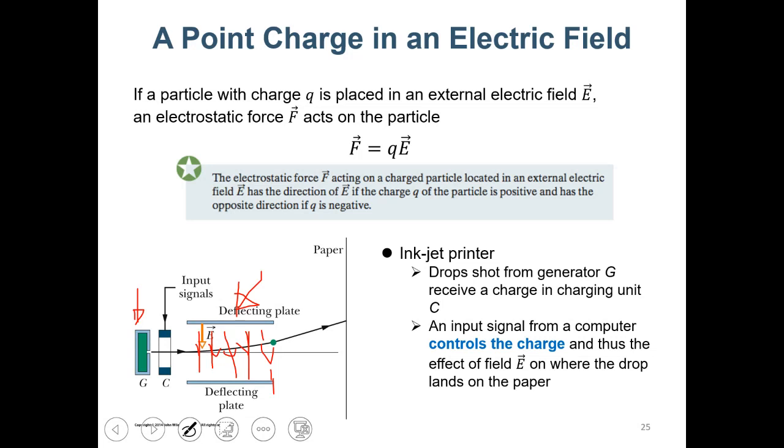Then the ink will be accelerated by the E field, and it turns a little bit to this direction. If you don't add a charge on the ink, it will go straight, and then this is the paper you want to print. So it tries to control the ink by adding some charge on it, and then it will rotate and go to the desired position.